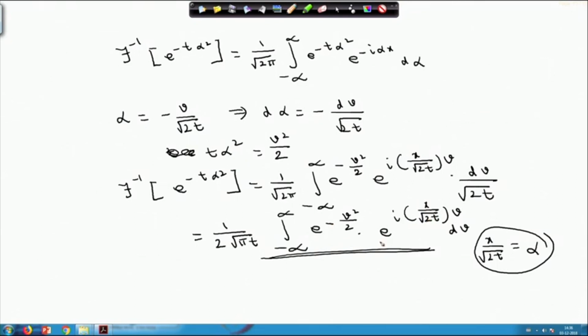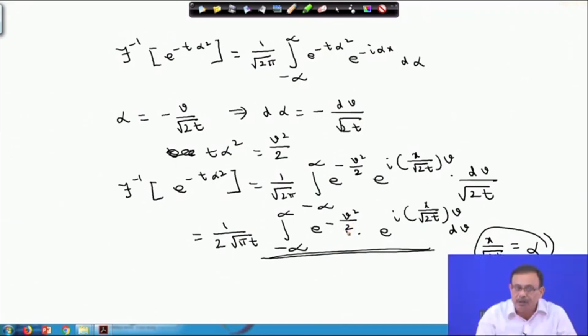Please carefully see it. This right hand side integral represents the Fourier transform of e power minus v square by 2. And here the kernel is not alpha, but this x by root 2t, which I am assuming as alpha.